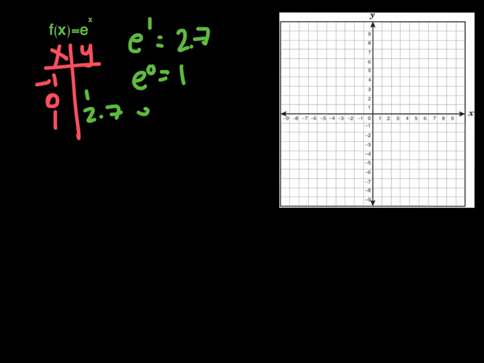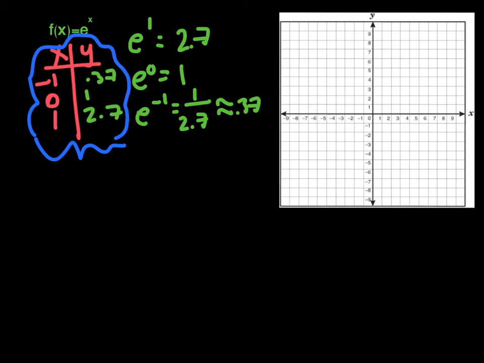And this you're just going to have to memorize. e to the -1 just means 1 over 2.7, which is about 0.37. This chart you're just going to need to memorize. Plus, when you get to calculus, you're going to need to know a lot about e as well. So we've got -1, 0.37; 0, 1; 1, 2.7.